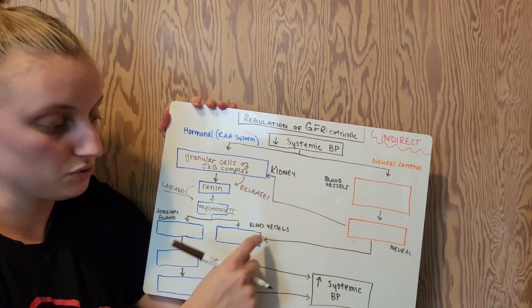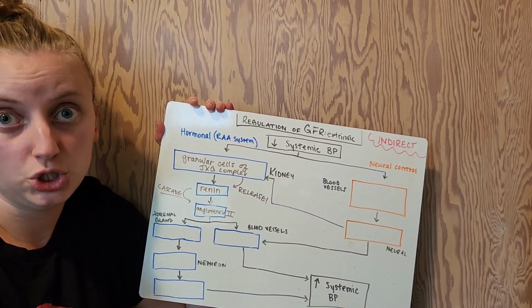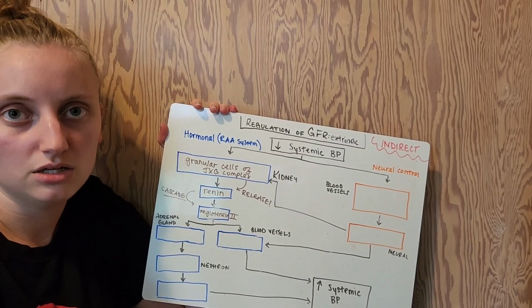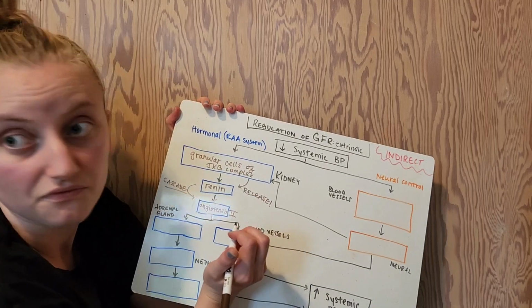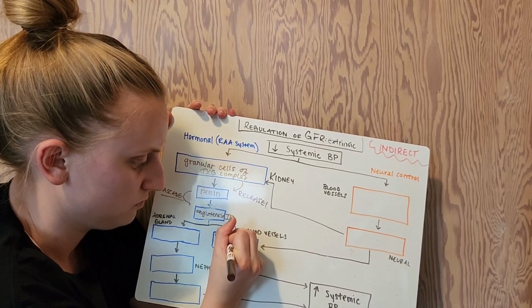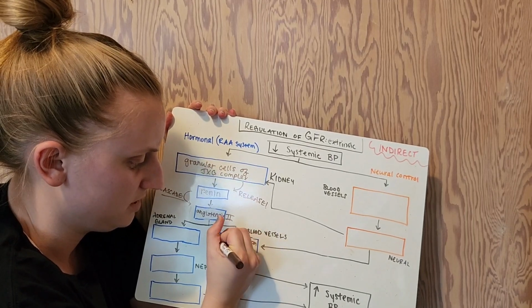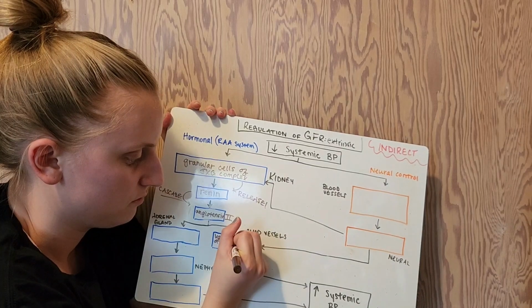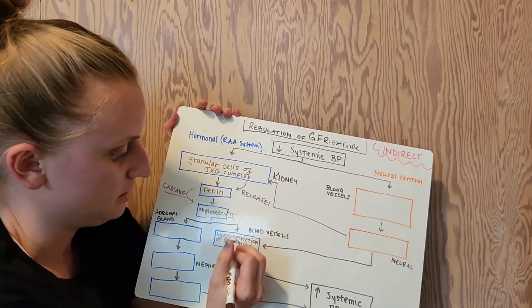So let's go to our blood vessels first. Angiotensin 2 causes vasoconstriction of systemic, which increases peripheral resistance. So vasoconstriction of systemic and this is increasing peripheral resistance.